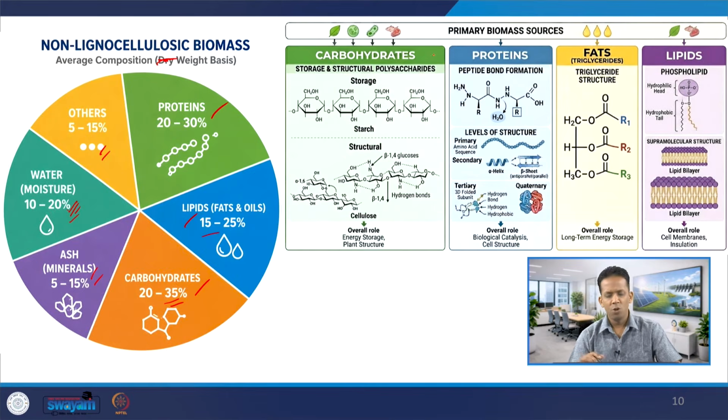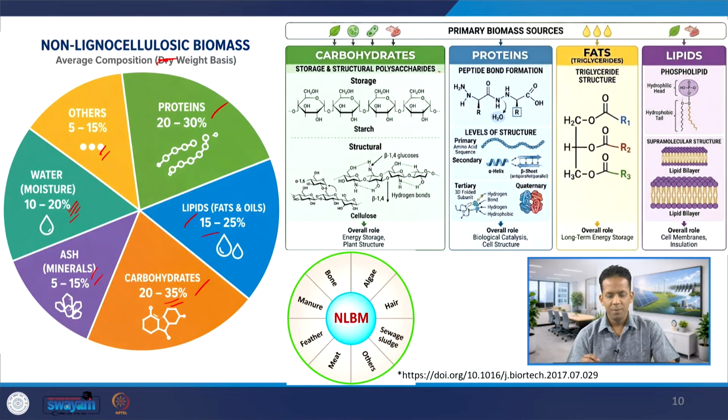These are the structures of carbohydrates, proteins, fats, and lipids. We won't go into extreme detail, but what you can see here is that carbohydrates are polymers of monosaccharides, so they are called polysaccharides. They store energy, and structurally they appear as polymers of glucose, like cellulose.